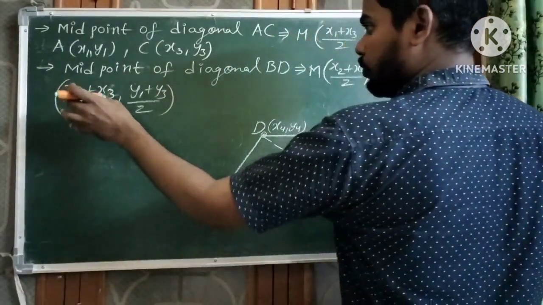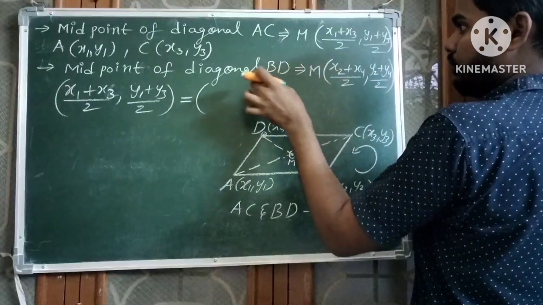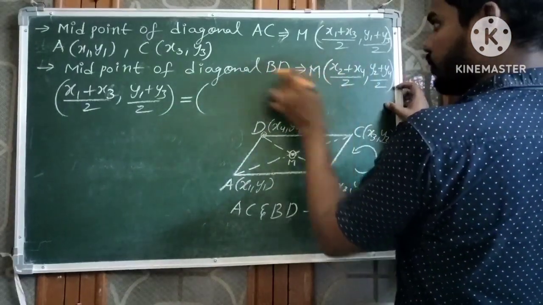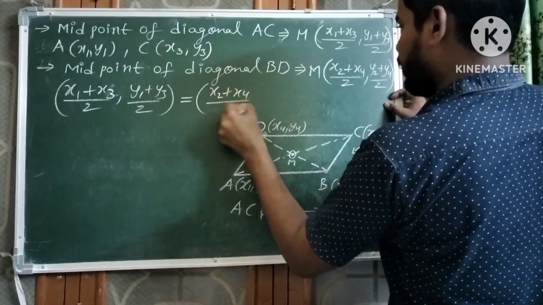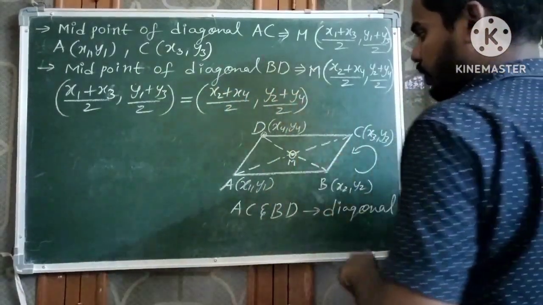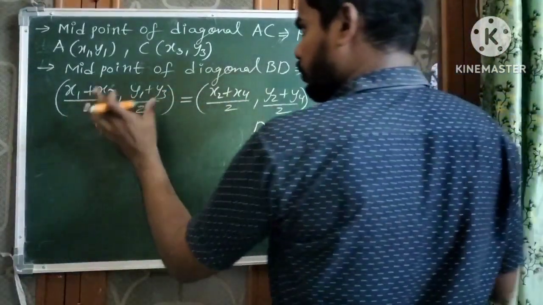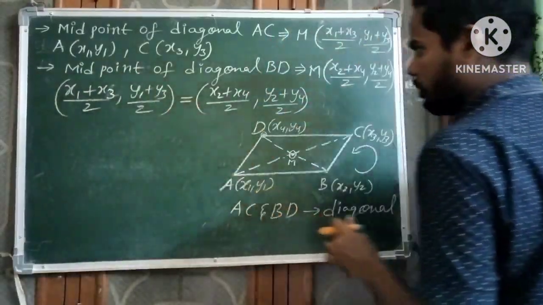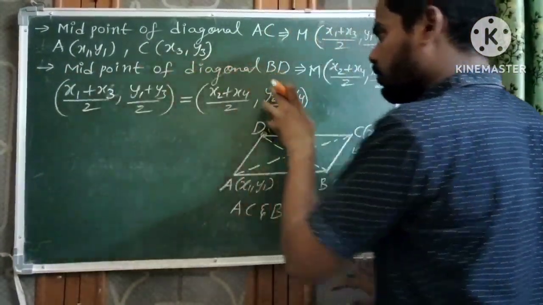These coordinates are equal to the midpoint of diagonal BD, x2 plus x4 by 2, y2 plus y4 by 2. Both are having same midpoint. So coordinates also equal. So two ordered pairs are equal. When two ordered pairs are equal, x coordinate equals x coordinate, y coordinate equals y coordinate.